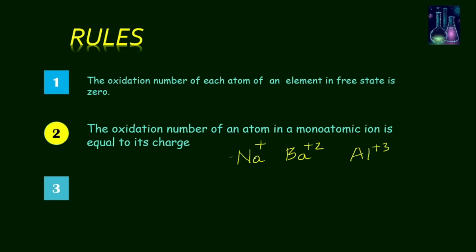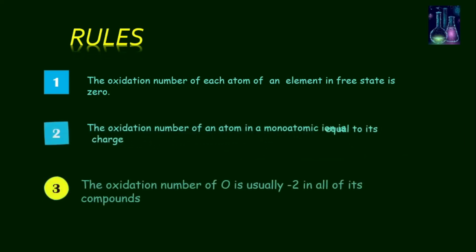So for any group 1 member, the charge will be +1. For group 2 members, the charge is +2. Not for group 3, only aluminium will show +3. Next, the oxidation number of oxygen is usually -2 in all of its compounds.